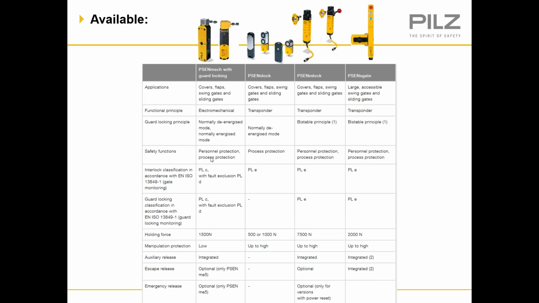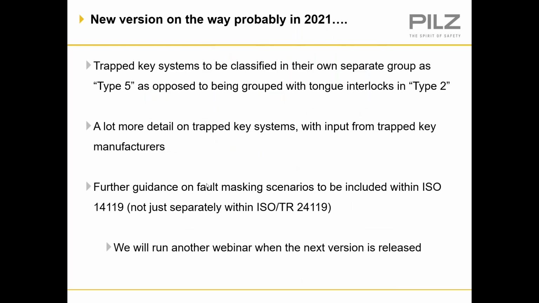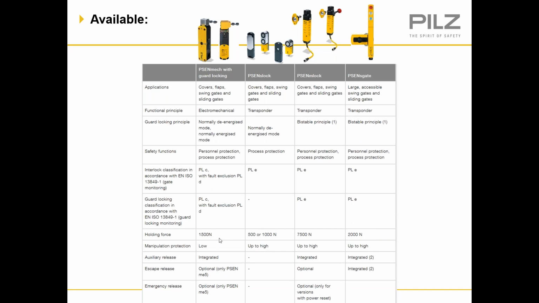The safety functions for all are either personnel protection or process protection, apart from the PSEN lock, and the performance classification is PLe for all apart from the PSEN MAC, which can be PLd with a fault exclusion. And then we stipulate the holding forces, anywhere from 1500 newtons up to 7,500 newtons for the PSEN M-lock. And then we have the manipulation protection that we ran through, ranging from low up to high.